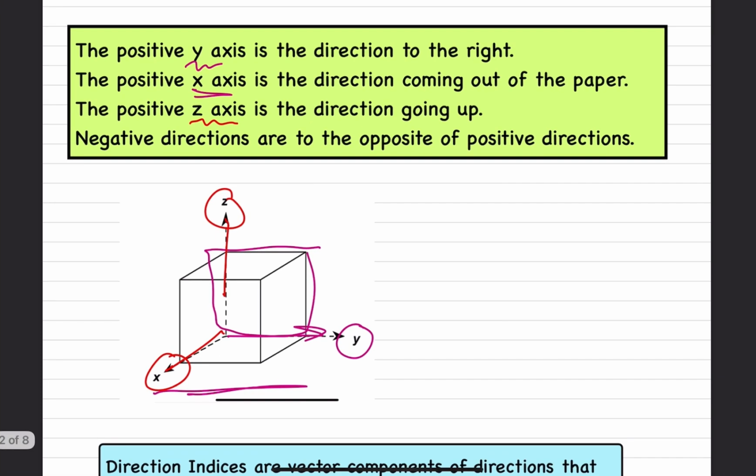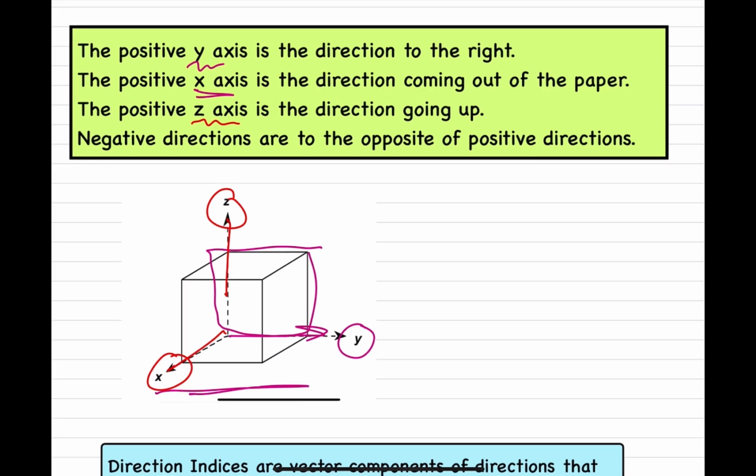I just put this point because, as I mentioned, if we change one of these, the direction will be changed. So I will continue, then we will discuss this point after some examples. The negative directions are opposite to the positive directions.